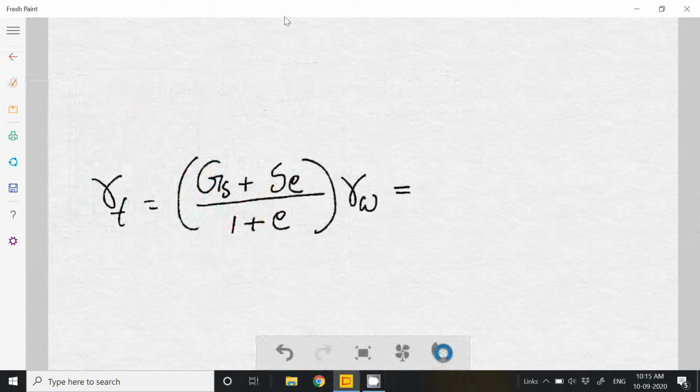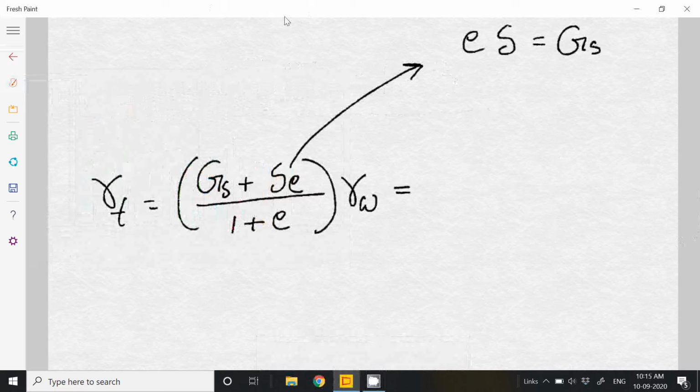So now this Se, do you remember this formula? I have told you about this formula.